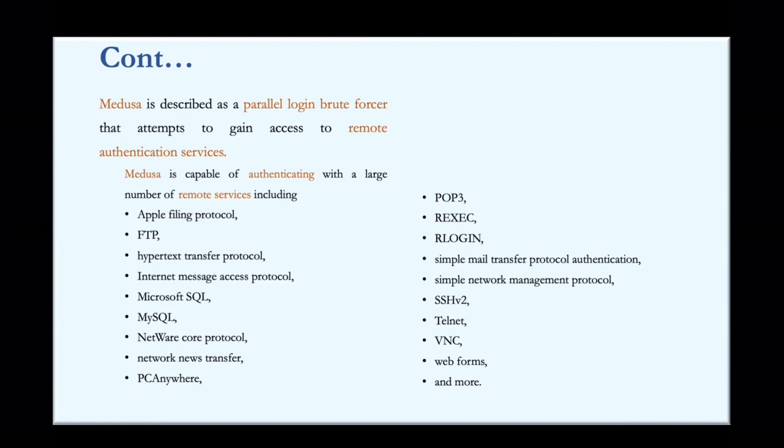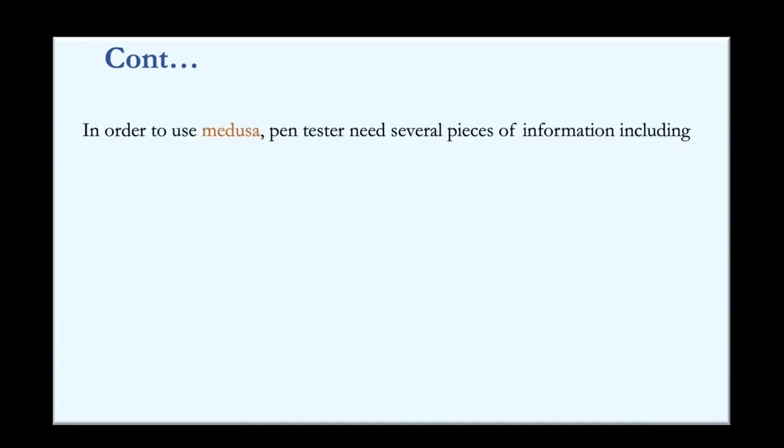In order to use Medusa, a pen tester needs several pieces of information. First, to use Medusa for online password cracking for remote access, it requires the target IP addresses, first and foremost.